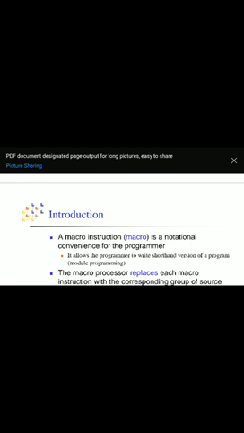Generally, when you are writing a program, if you want to use those instructions repetitively, then you can make them a group of instructions, and that can be named as a macro. You just invoke the macro, and all those statements within that definition are going to be substituted.